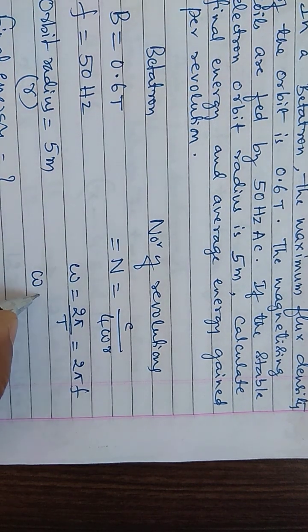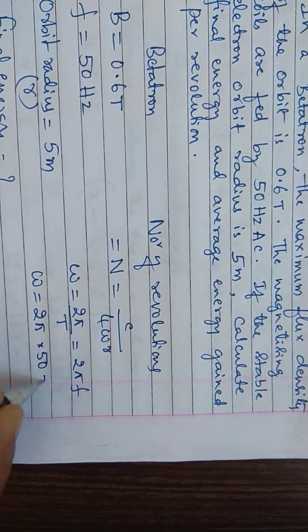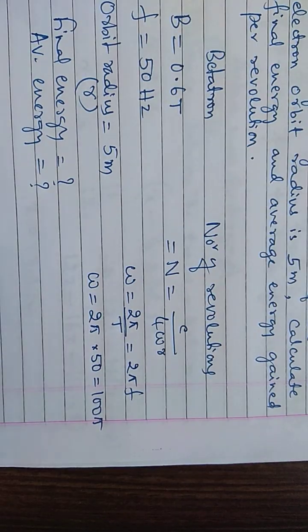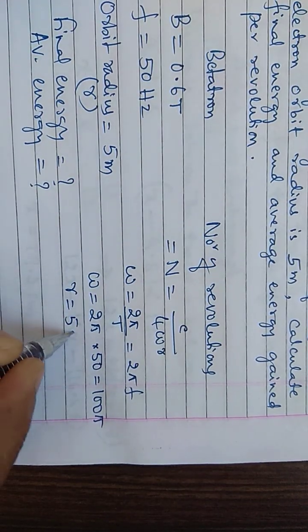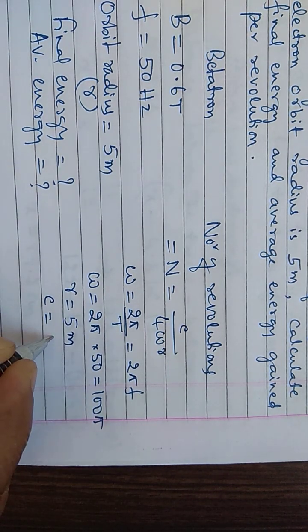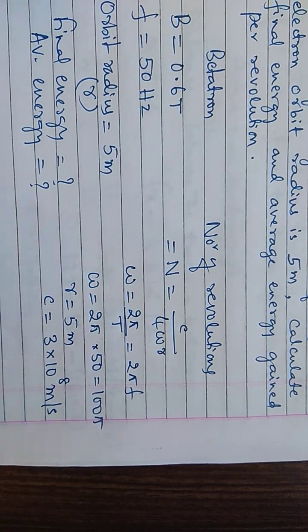So omega is equal to 2 pi times 50, that is 100 pi. Radius is equal to 5 meter. C value, velocity of light in air or vacuum medium, 3 into 10 to the power 8 meter per second. With that velocity, it is revolving.